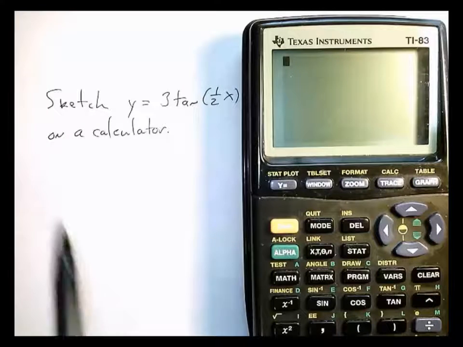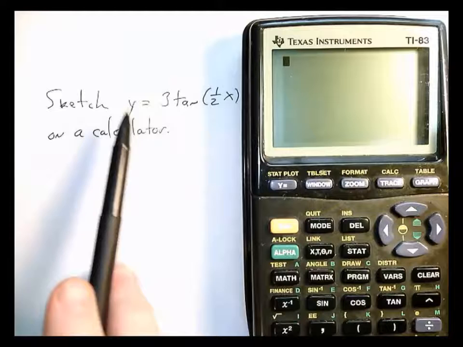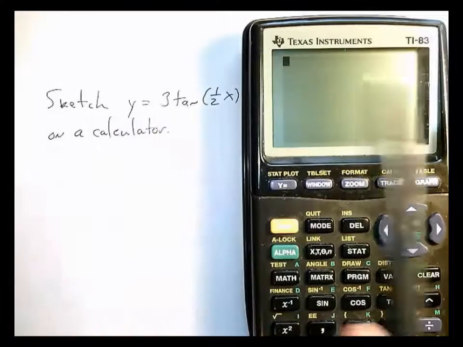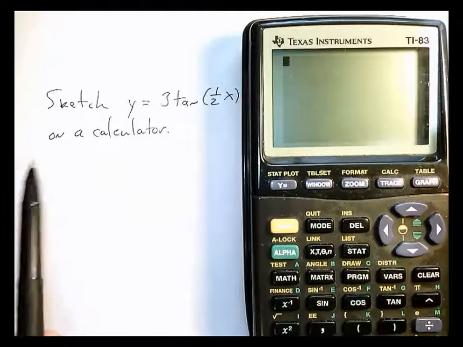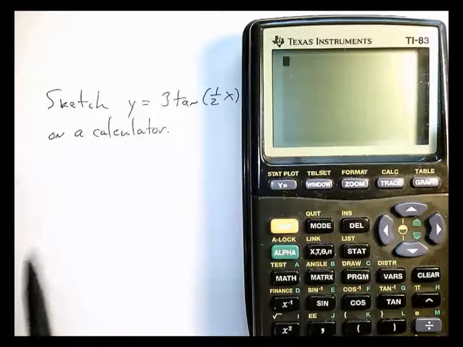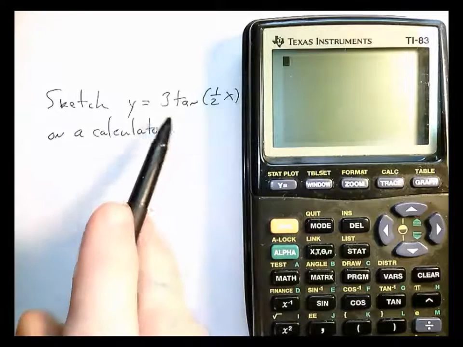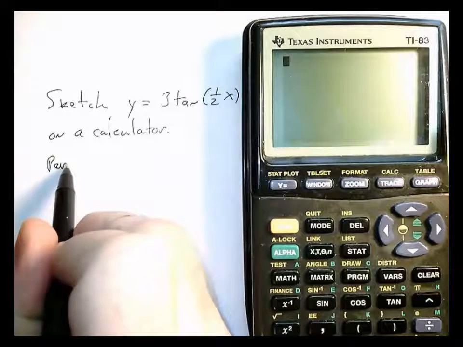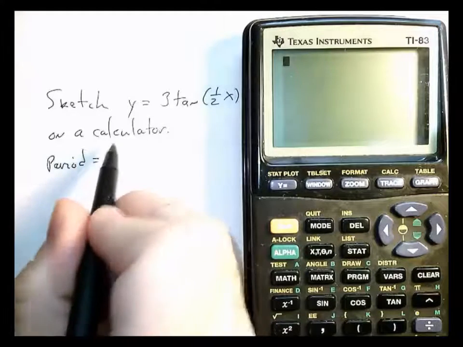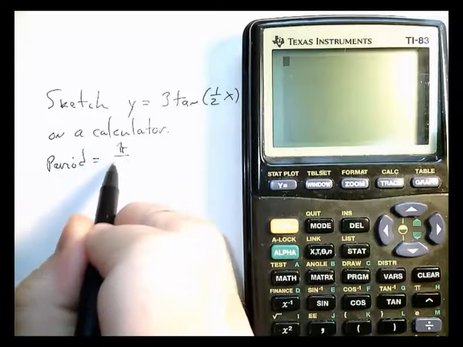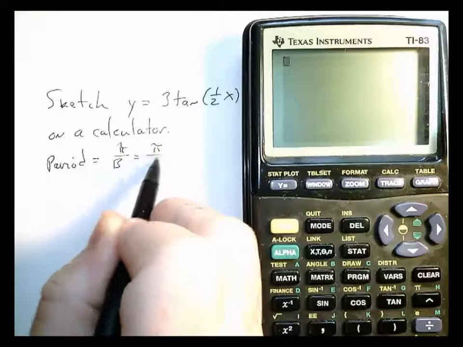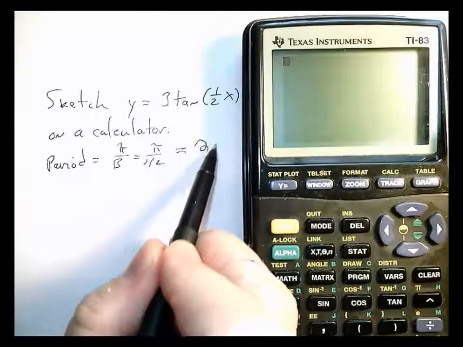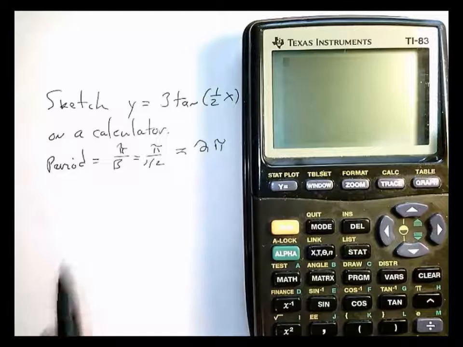Okay, now I want to use my calculator to sketch this function y equals 3 tangent of 1/2 x. And I would try 83, but this whole same thing will work on 84, 83 plus, 84 plus. And basically, because it's tangent, my period here, we might recall, is pi over b. So I have pi over 1/2. So here I get 2 pi.